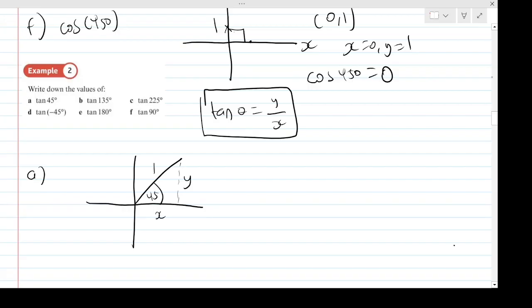Now, the tan of 45 is going to be the y coordinate, which is the opposite, over the adjacent, which is the x coordinate. So our question is, how do we find the y and the x coordinate? Well, this is where we need to be a bit algebraic. We have 45 degrees, and this is 1, the hypotenuse.